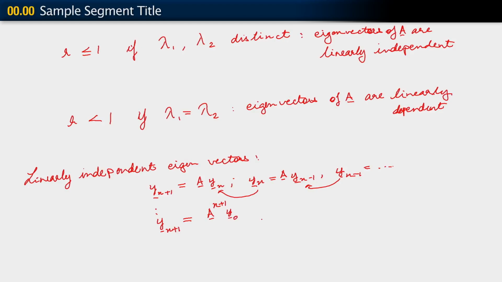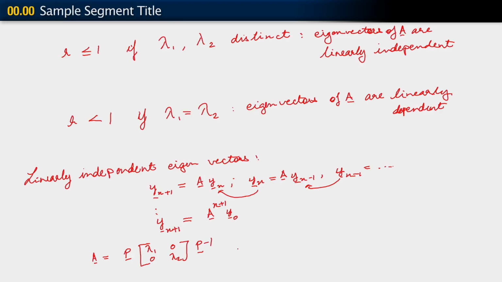Right? So what we need to worry about is what is happening with A as it gets multiplied by itself. What are the powers of A? If we have linearly independent eigenvectors, one can show that A can be written as some matrix P times a 2 by 2 matrix, which is lambda 1, 0, 0, lambda 2, P inverse.